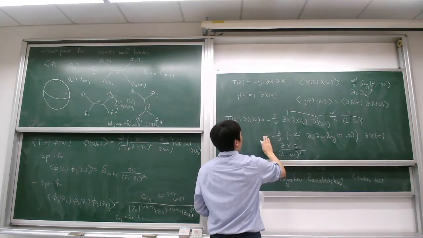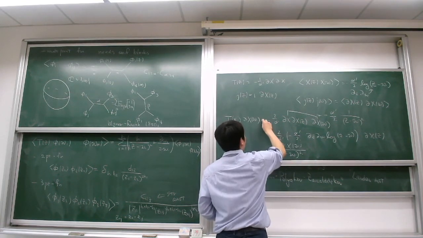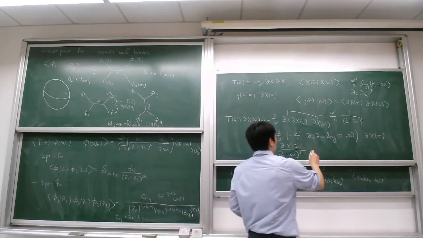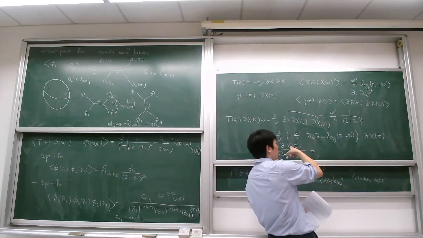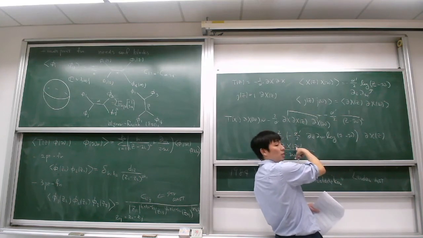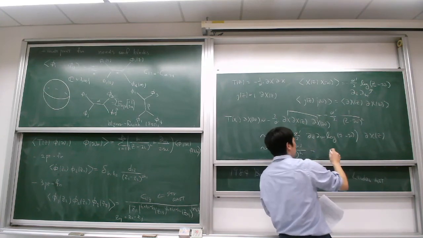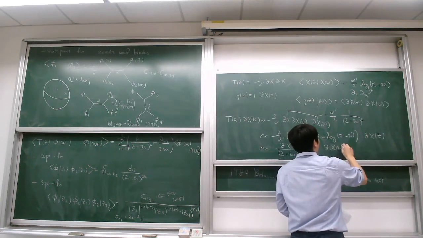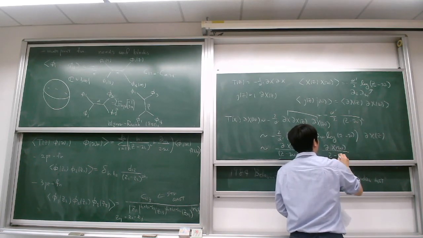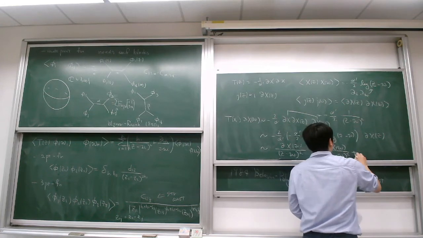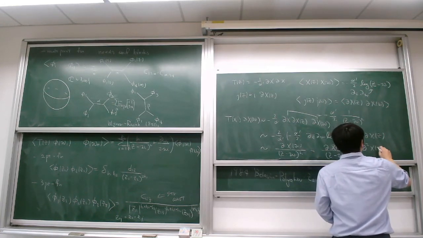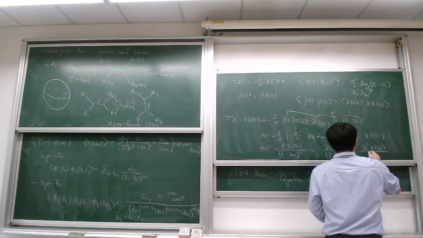I think I'll only focus on the singular part. Now this is equal to, if you do a Taylor expansion here, since this depends on z, you get partial X(w) over (z minus w) squared plus partial squared X(w) over (z minus w).